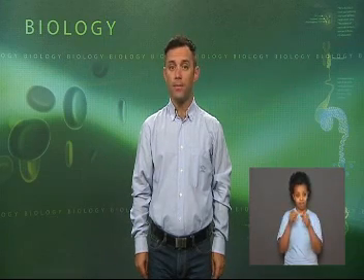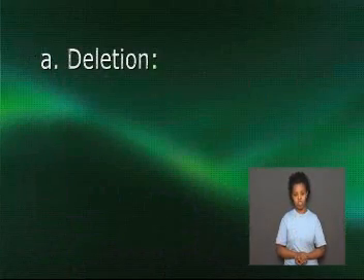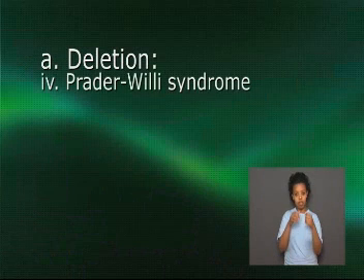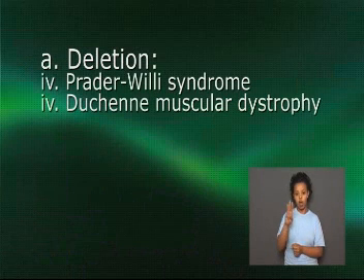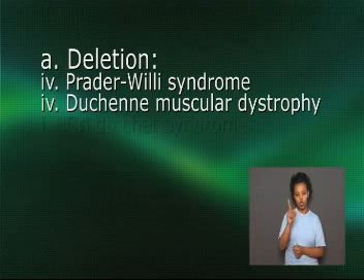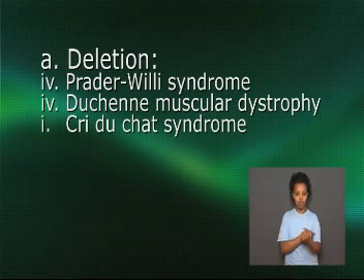Hello, class. Were you able to match the chromosomal mutations with the conditions they can potentially cause? Deletion can lead to Prader-Willi Syndrome, Duchenne muscular dystrophy, or Cri-du-Chat syndrome.